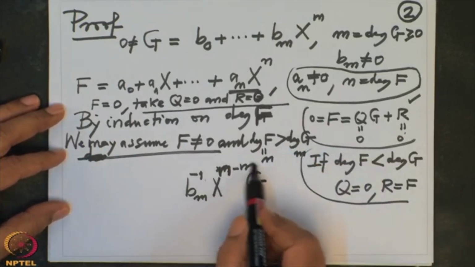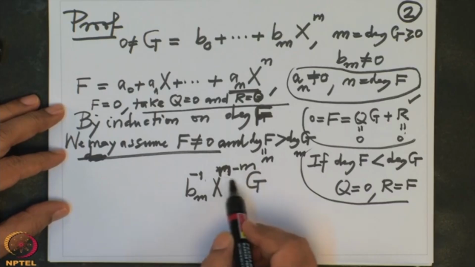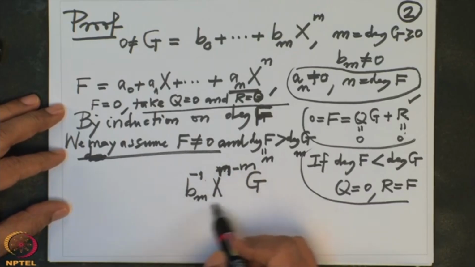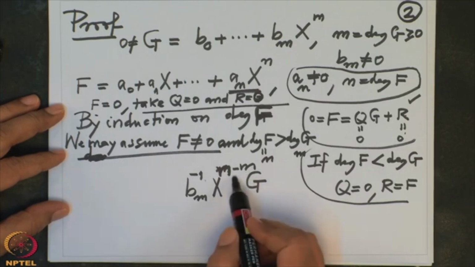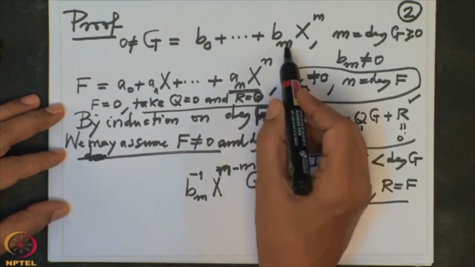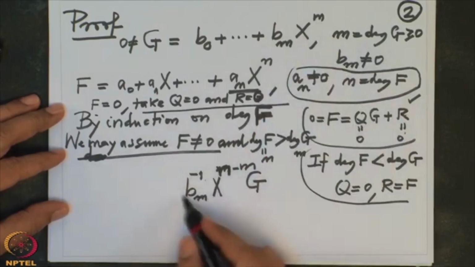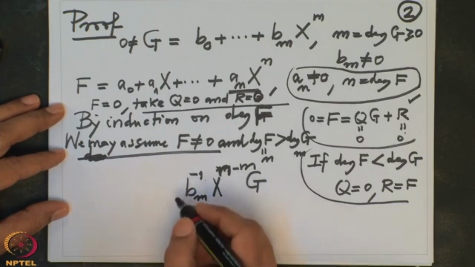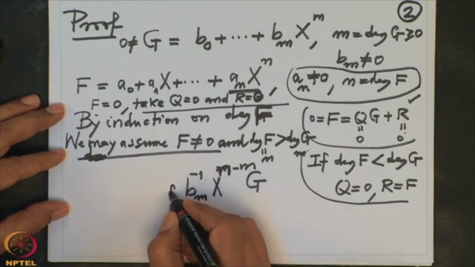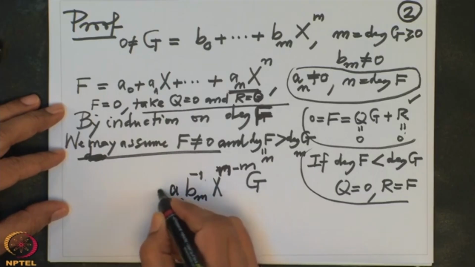So this is some natural number. The leading term of this is precisely x power n, because the leading coefficient got cancelled and then this power became x power n. So the leading coefficient is 1 here, and I can multiply by an, minus an.